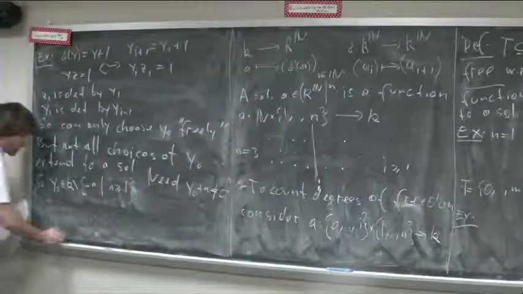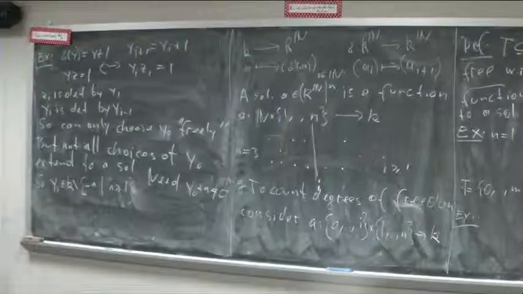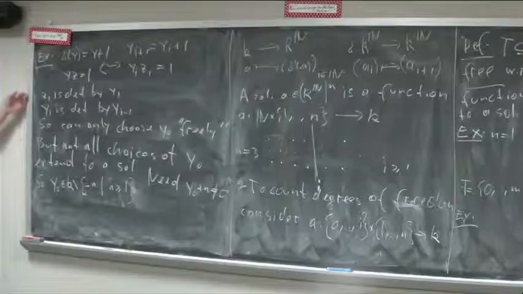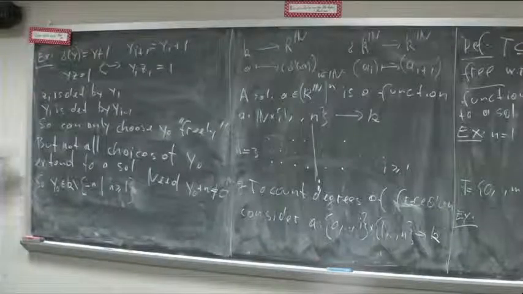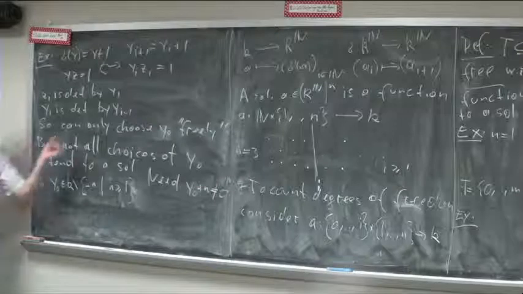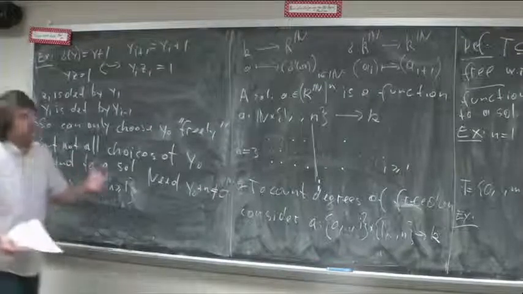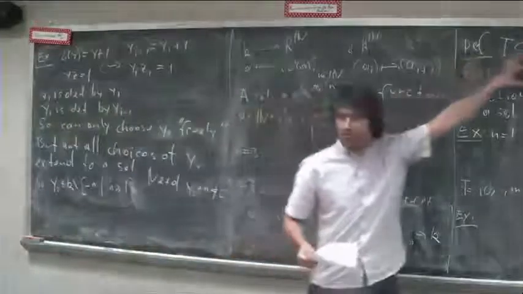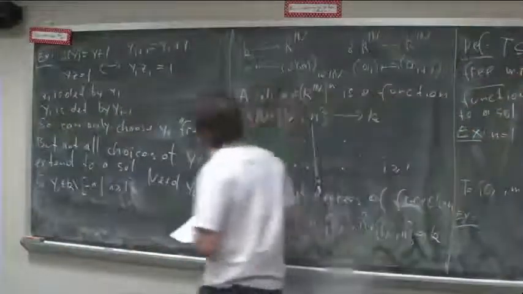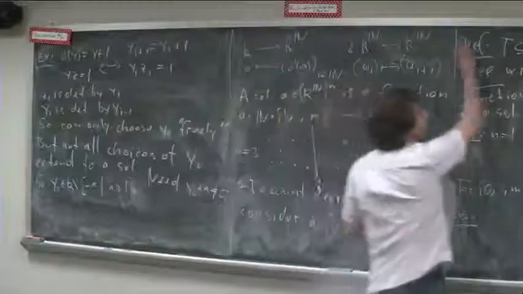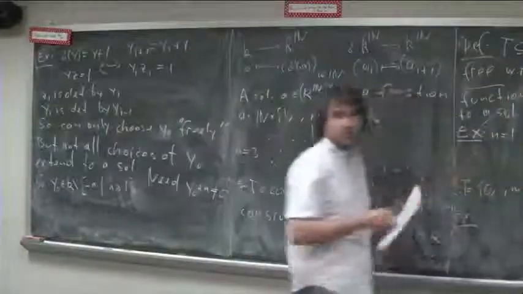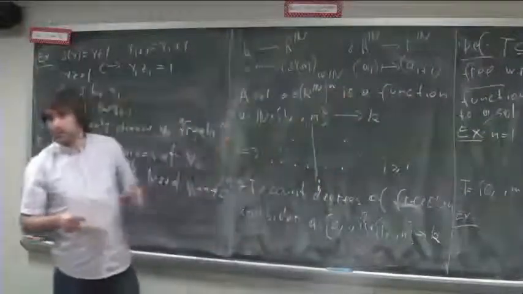Okay, so the moral here is, I think you'll agree, we should have one degree of freedom. Somehow the y0 is free, but it's not exactly free in the sense of this definition. So maybe this is not the good definition, and I'll replace it with a better definition.